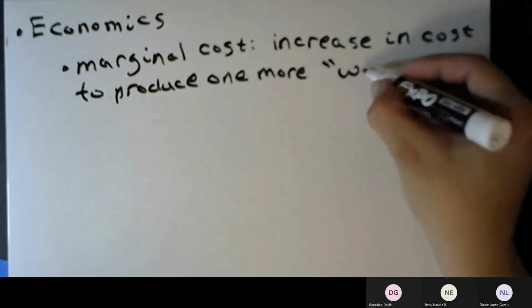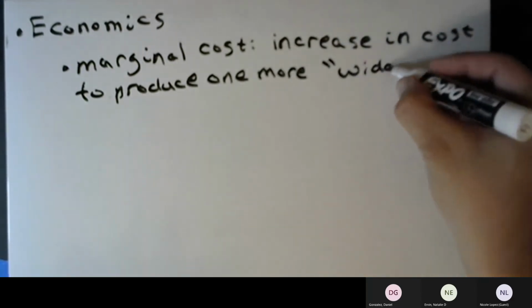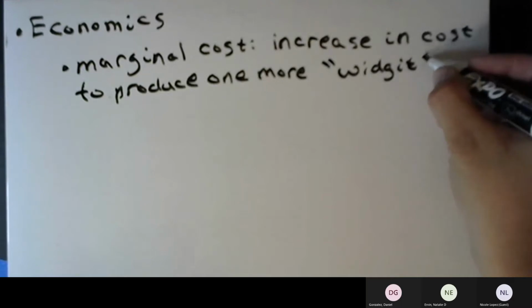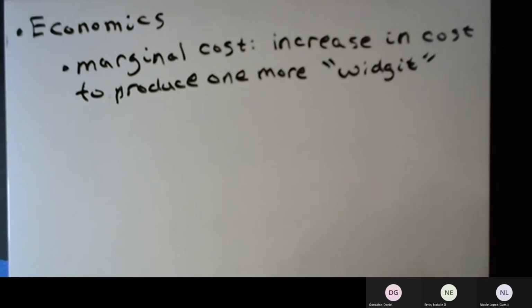It's a term called widget. So widget's just kind of a generic term for just one more item that you're making. So when you talk about in economics, if you're producing something, if you're manufacturing something, you might be making cars, maybe you're producing shoes, whatever it is, generically we call those widgets.